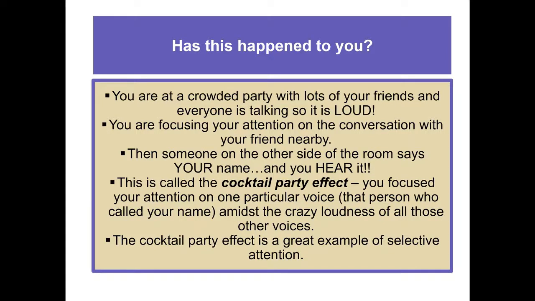So you're at a crowded party with lots of friends, everyone is talking and it is loud, or you think about something like you're at a basketball game or you're at a pep rally. You're focusing your attention on the conversation that you're having, but then you hear your name from across the room. So that's the cocktail party effect. It's defined as your ability to pay attention to, notice, or detect one sound, particularly your name, in a loud din of other sounds.